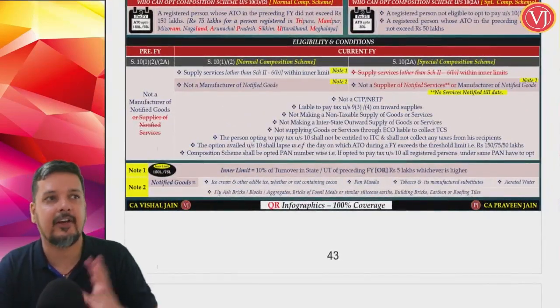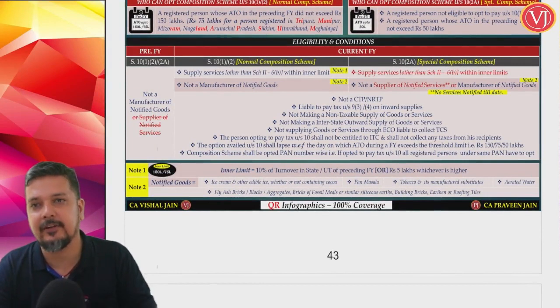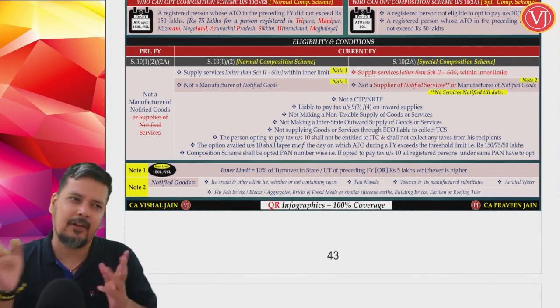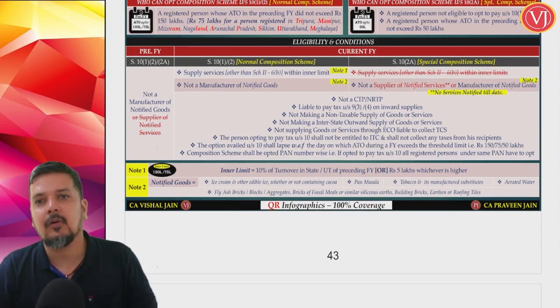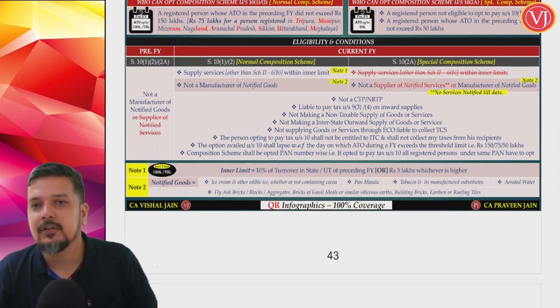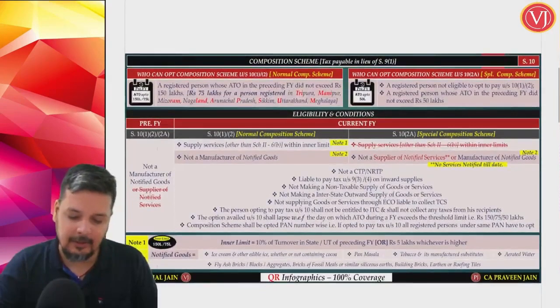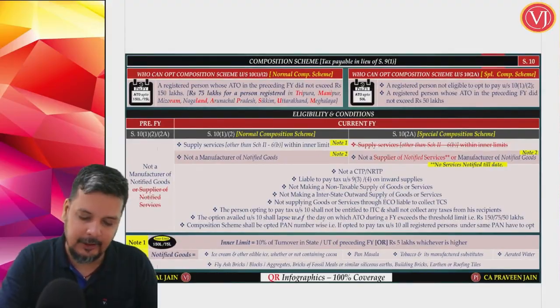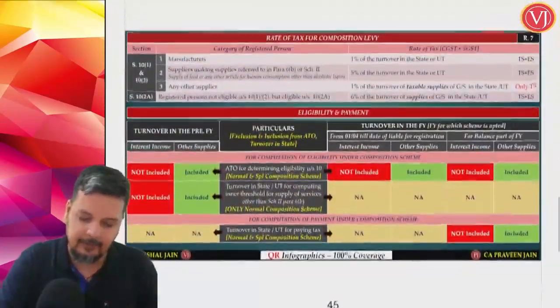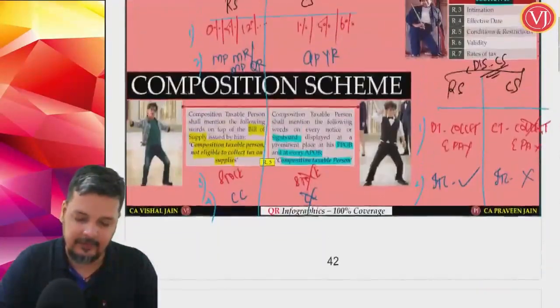There's one more area where you will focus on manufacturer and trader, that we'll see. So there are two differences which you have seen, and one more difference we'll be seeing now. Now everything about your composition scheme, the entire calculation part, if I were to put a tick mark for what we have discussed: this entire last page, all the complicated portions, we have completed. We have completed this initial page.